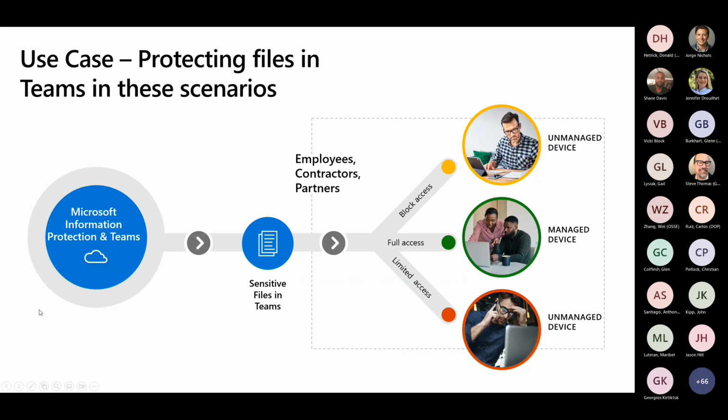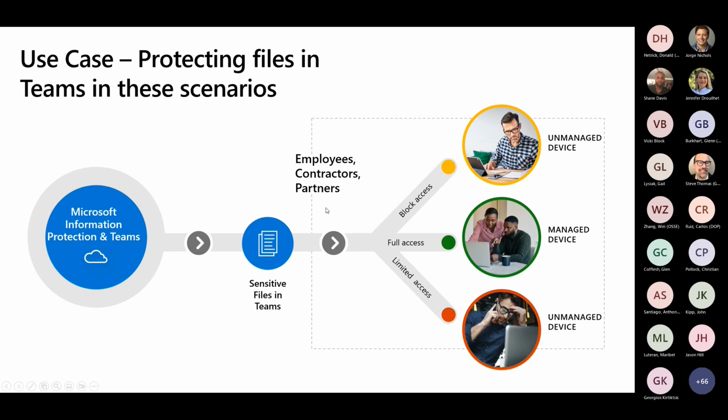Now, this example visualizes the use case. Here are some sensitive files in a team site, and we have different kinds of users accessing this site. Maybe they're employees, contractors, or partners.